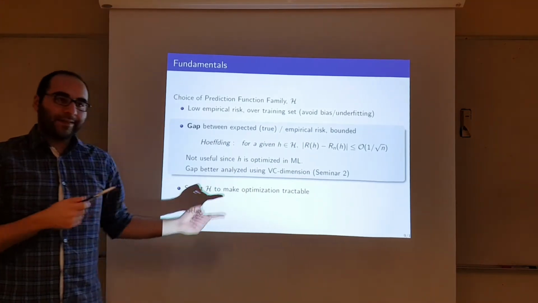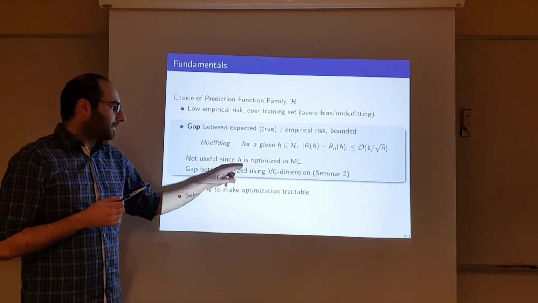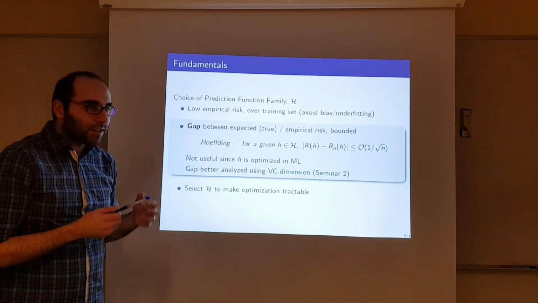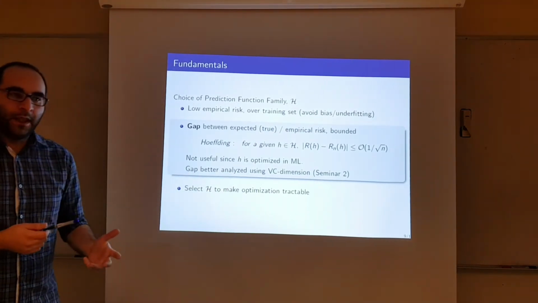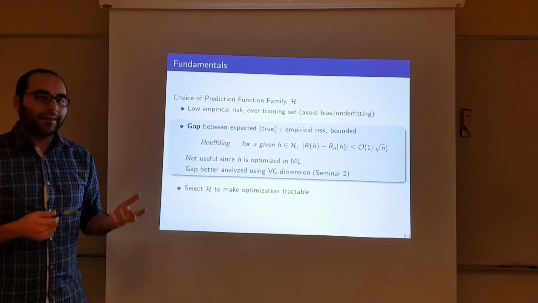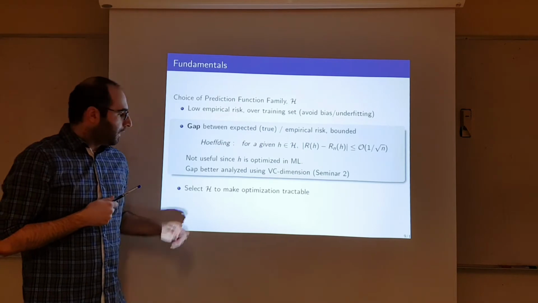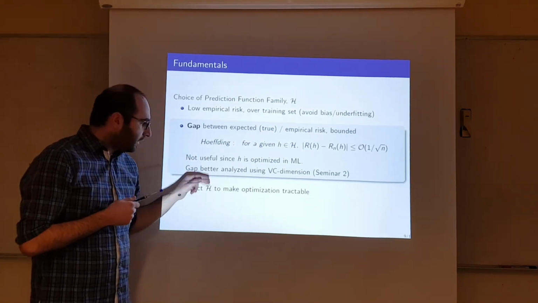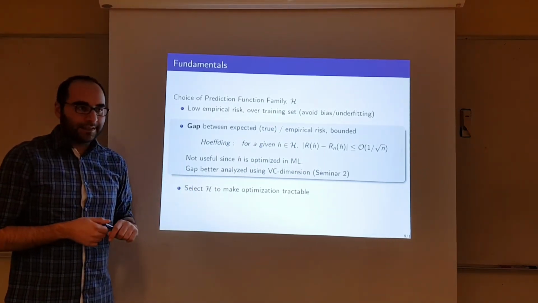But the problem is that it's not so useful, because h is the function that we are trying to optimize. So h is not known, and we cannot fix it. So this is a bound that we cannot really use. They argue, as part of that tutorial, that instead of using Hoeffding's inequality, people have used the VC dimension, which we also covered extensively in the second seminar.